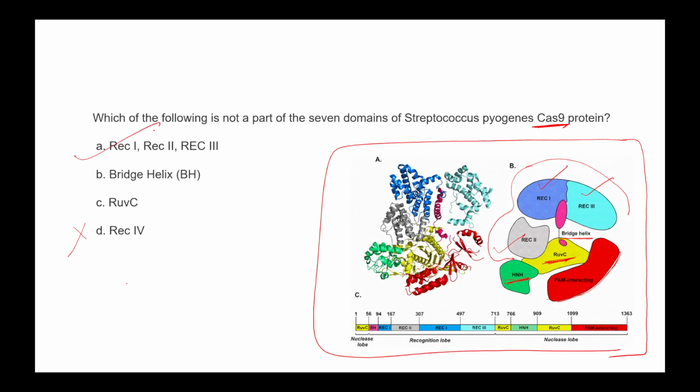It also has a bridge helix, which is correct. RuvC is the one which performs the endonuclease activity.